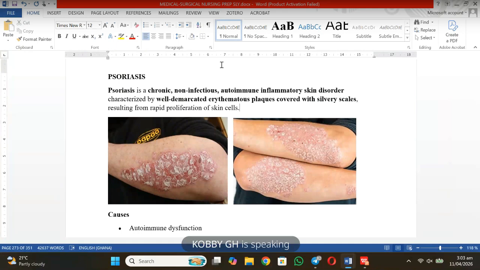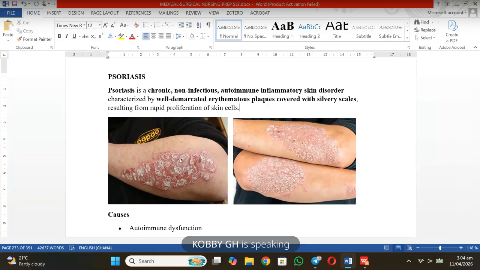And again, with psoriasis, we are going to see some dry, silvery scales. Look at this one, it's like dry, silvery scales at the affected area. This is how psoriasis usually occurs. So when you see the examiner pointing to dry, silvery scales, they are talking about psoriasis.